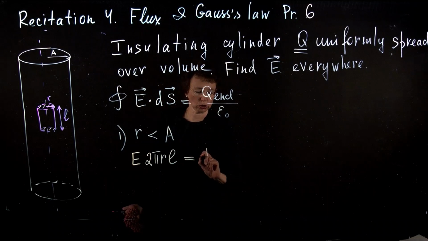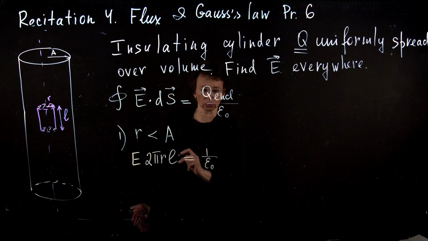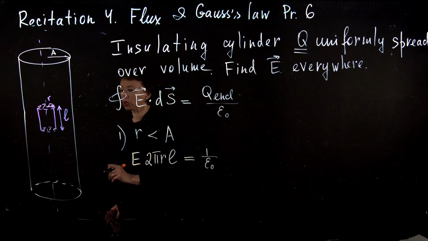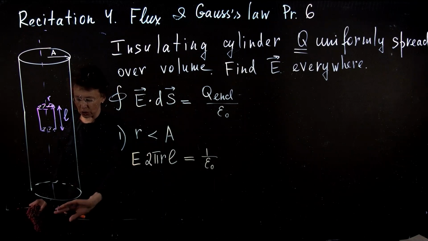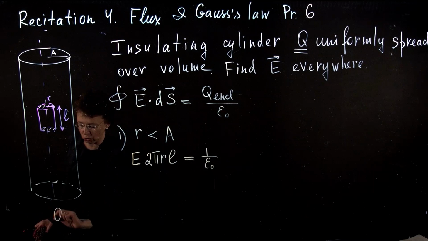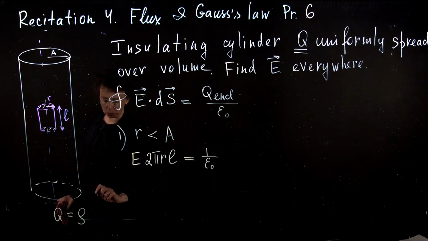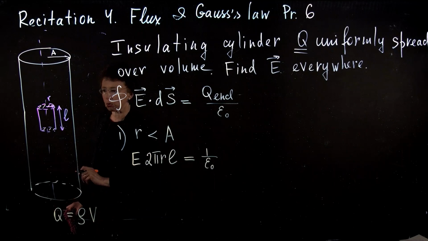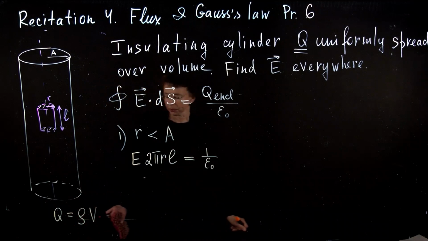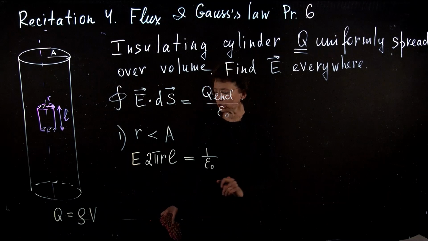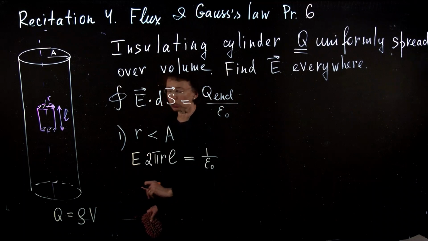It is equal to 1 over epsilon naught times the charge enclosed. The charge enclosed is the charge density, charge per unit volume, times volume. The charge is uniformly spread here. What is the charge per unit volume? Rho.